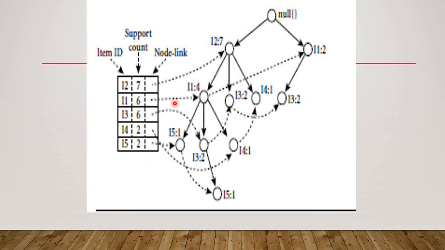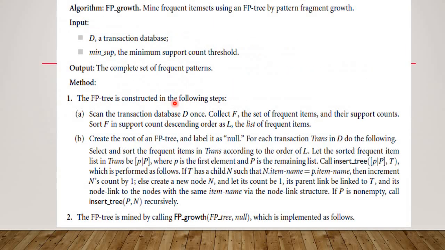So in the algorithm, [p|P] will have I2, I1, I5, and T is the tree as of now, which is having a null node, that is the root node.